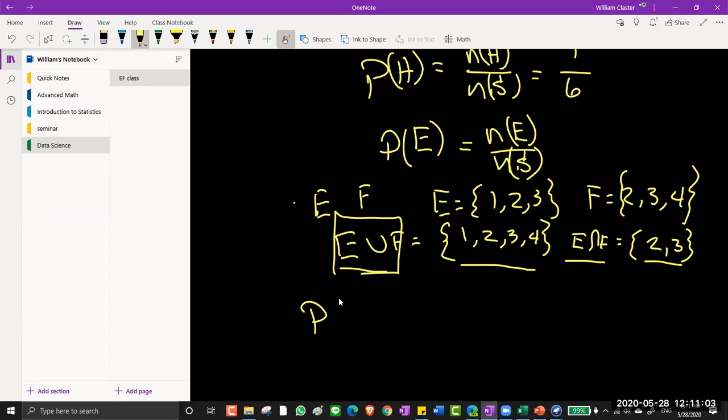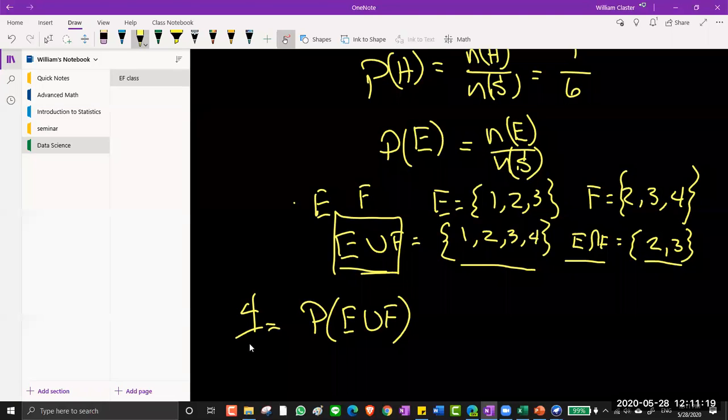So we can ask, what's the probability of E union F? We already decided that it's going to be n of this thing over n of S. So it's obviously going to be 4 over 6. Everyone agree with that?